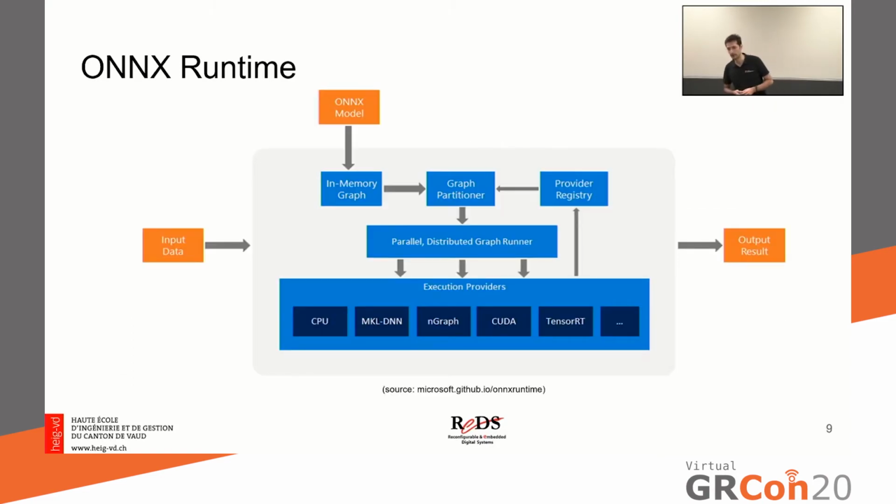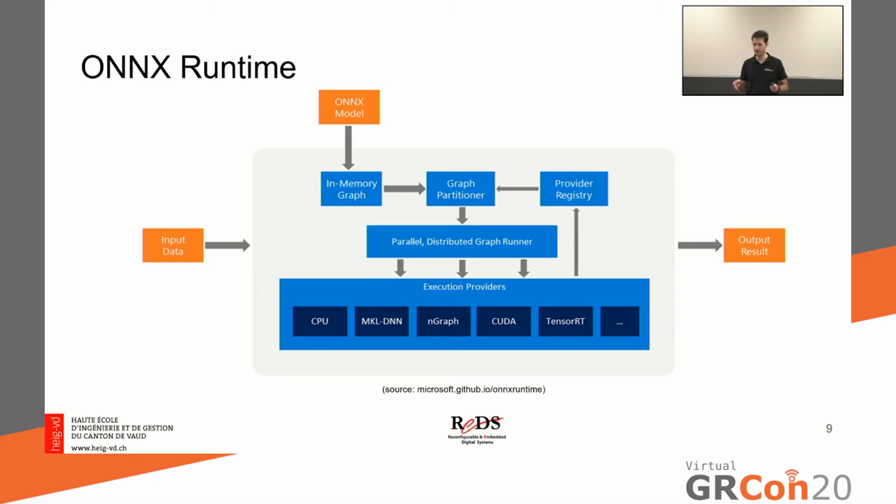And here we have a high-level graph of the design of ONNX Runtime. Basically, it takes the ONNX model, reads it and makes a representation in memory as a graph, where each node is a different operation, one of the basic operations that we mentioned before in ONNX, and then it assigns those operations to different execution providers.